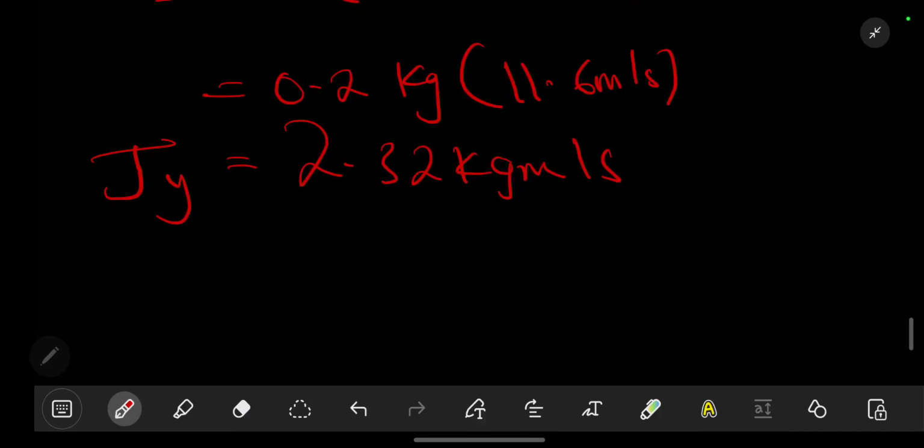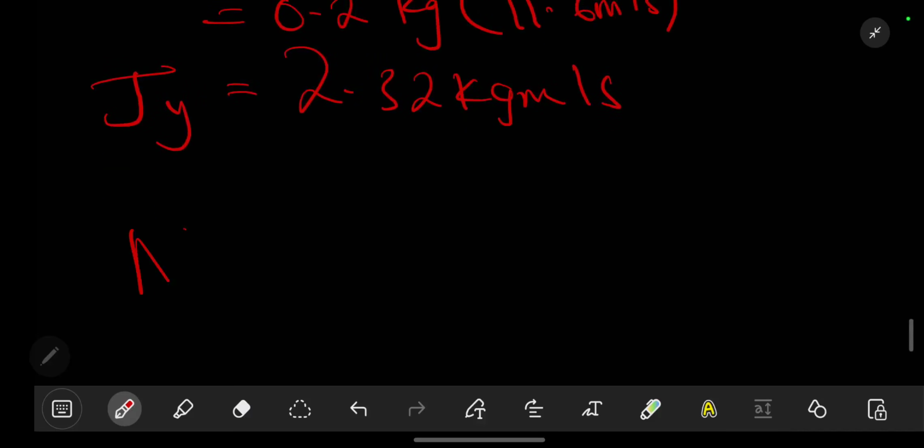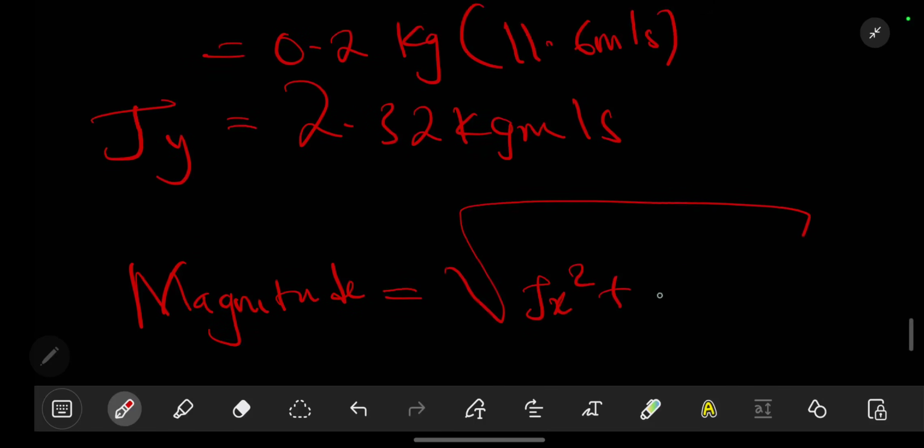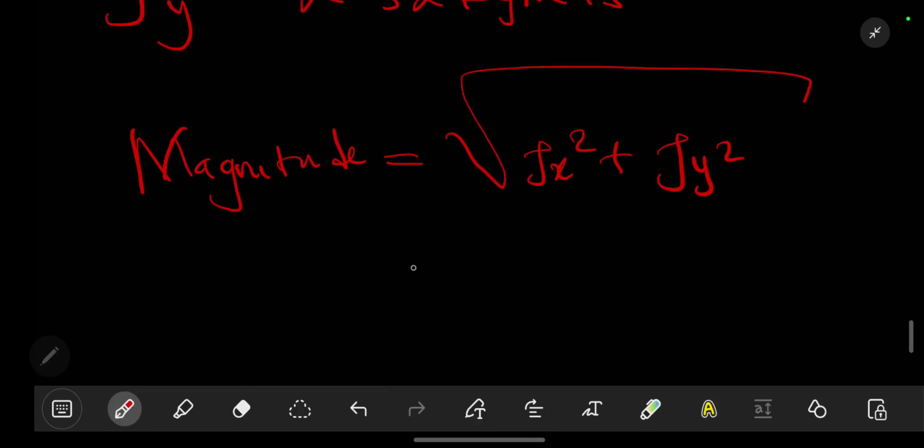Impulse is J. So to find the magnitude, remember the Pythagoras, the magnitude will be equal to the square root of the impulse in the x squared plus the impulse in the y squared, because we have found in both the x and the y.